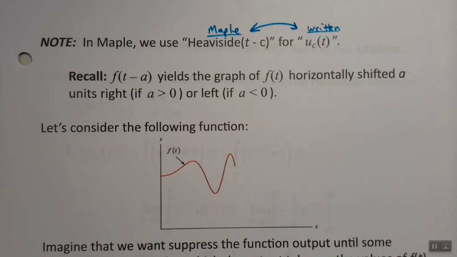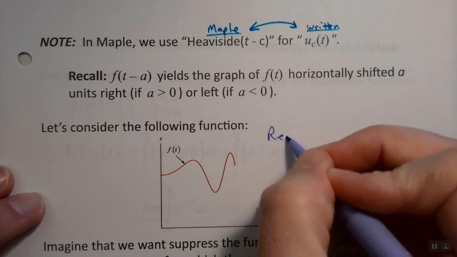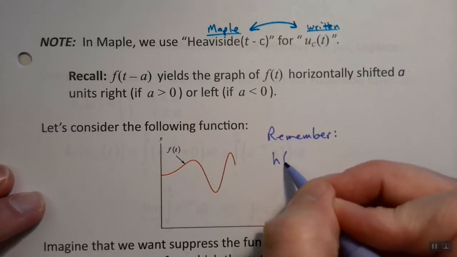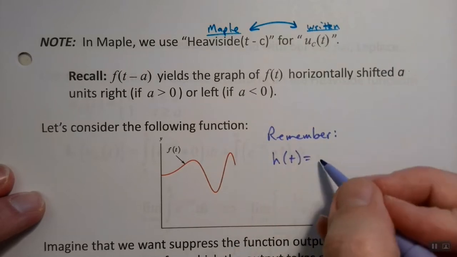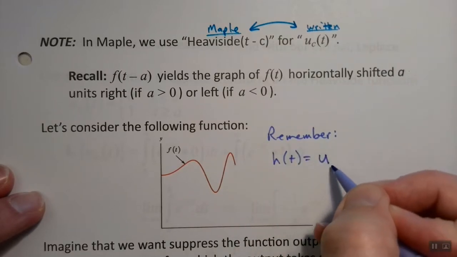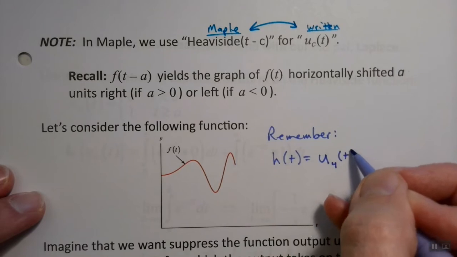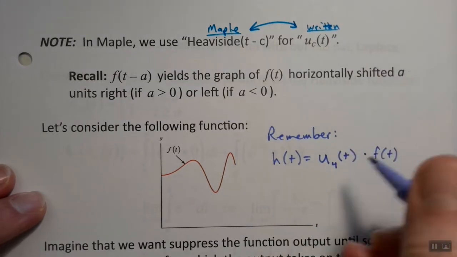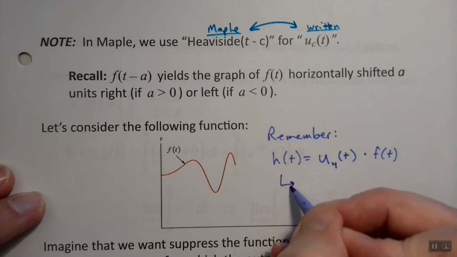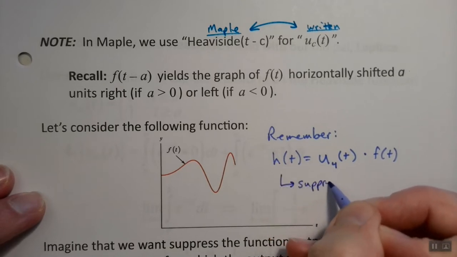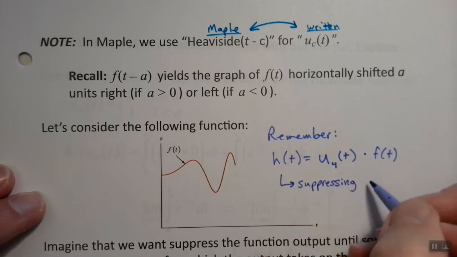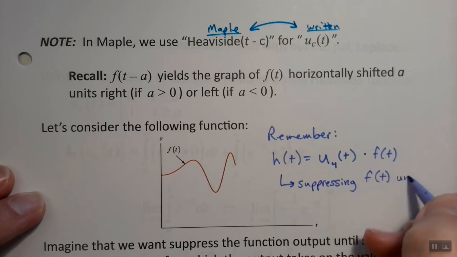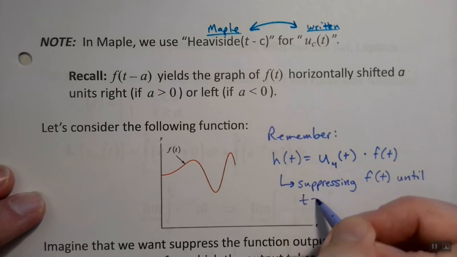But just remember that if you take h of t and you let that be a u, I'll just use a number here, u sub 4 times f of t, what you're essentially doing is suppressing f of t until t equals 4.